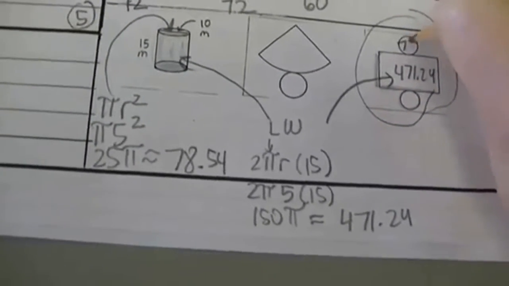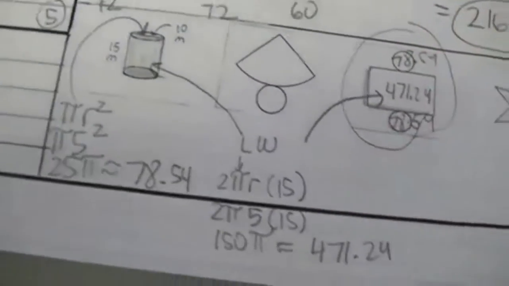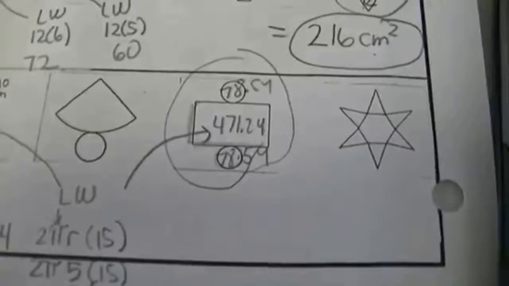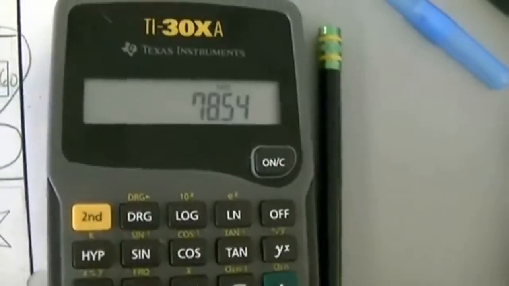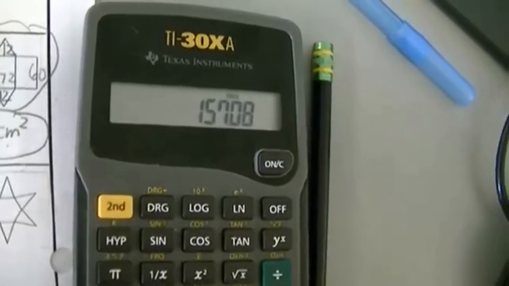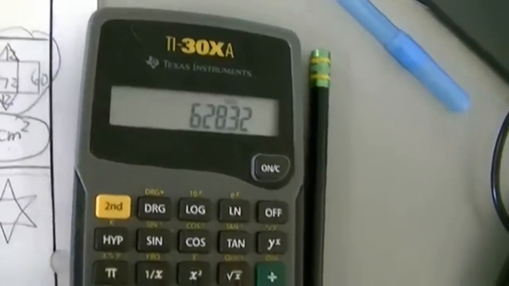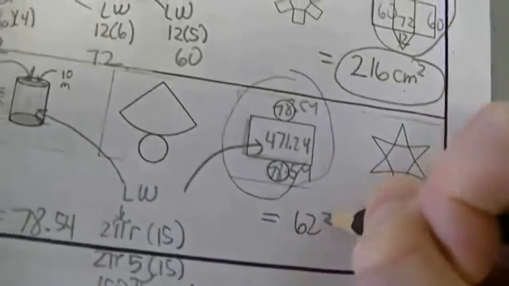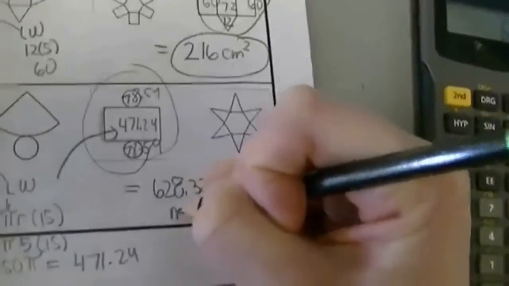This is 78.54, 78.54. Let's calculate this out. Okay, look, times 2 plus 471.24. Okay, I got the same answer. So my answer is 628.32 meters squared.